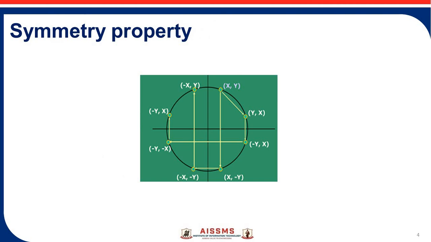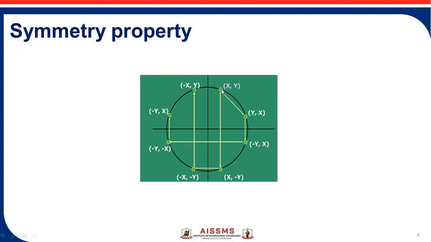Now, to reduce the computation, we consider the symmetry property of a circle. By using this symmetry property, there is no need to find each point on the circle. The complete circle is divided into 4 quadrants or 8 octants. Find one octant's vertices, and replicate that one octant's coordinates to the rest of the 7 octants.